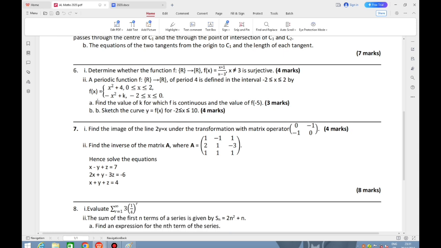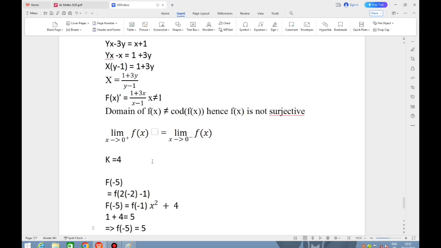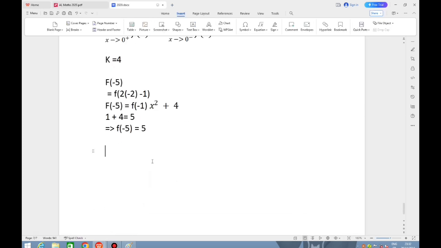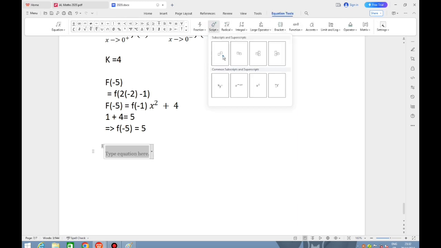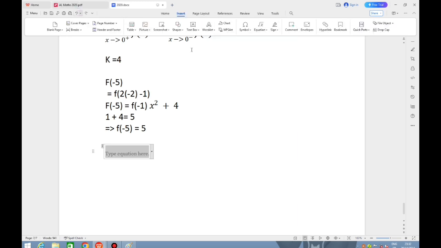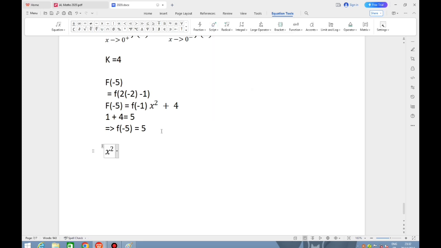Now going to 6b, they say sketch the graph y is equal to f of x for negative 2 less than or equal to x less than or equal to 10. So basically what we're going to do here is put 3 values, knowing that it's a curve. We're going to take the first function, which is x squared plus 4.